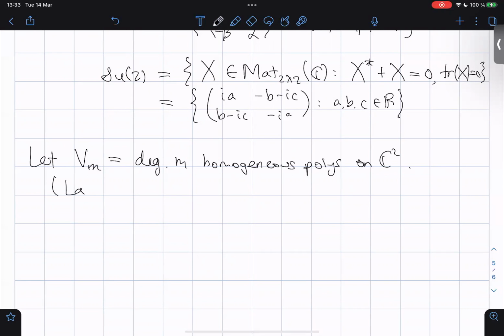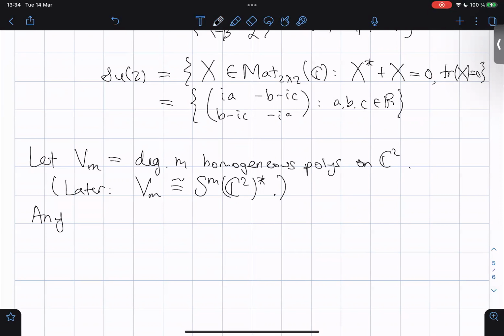Just for later reference, this V_m is the same thing as the symmetric nth power of C2 dual. If you're not used to dual spaces yet, this might be a little bit awkward, but we'll try to make it more concrete later on. But right now let's just think about this as polynomials.